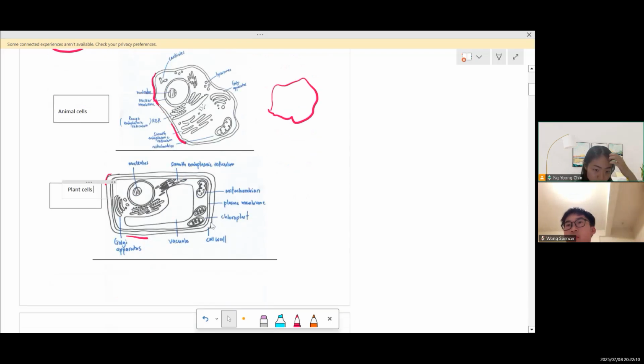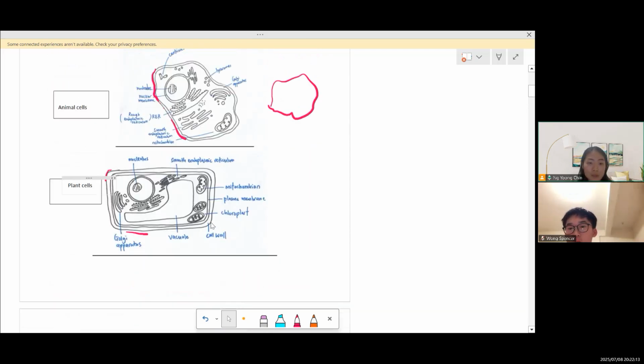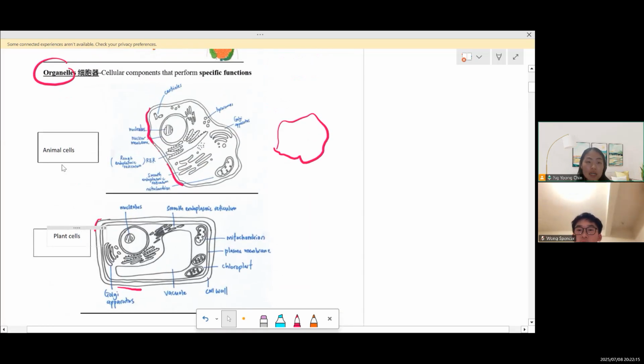And also, we learn about the animal cell and plant cell. The organelles found in the animal cell are just similar to the plant cell, which is they have the nucleus. This big structure is a nucleus.